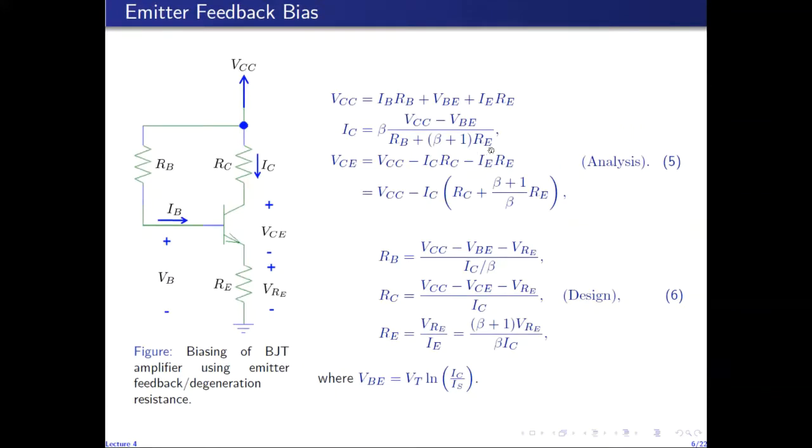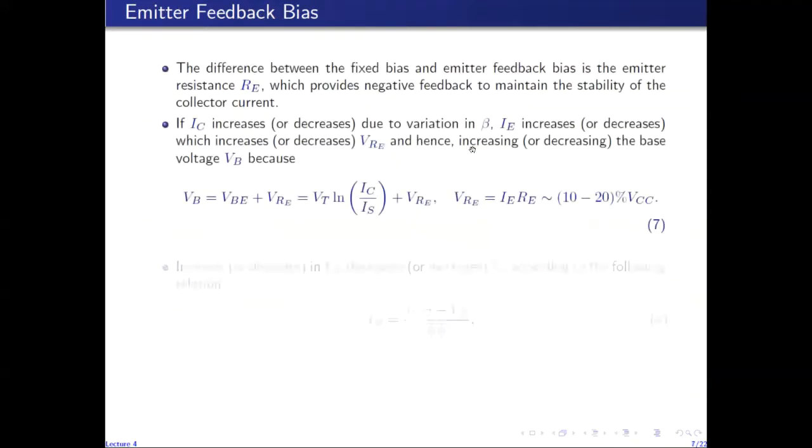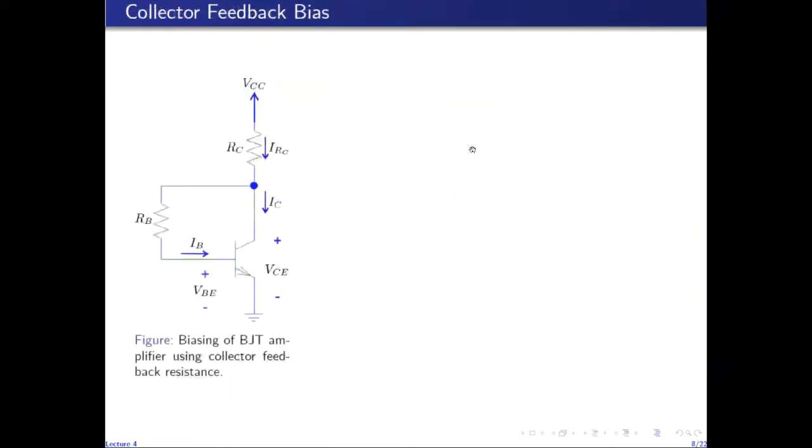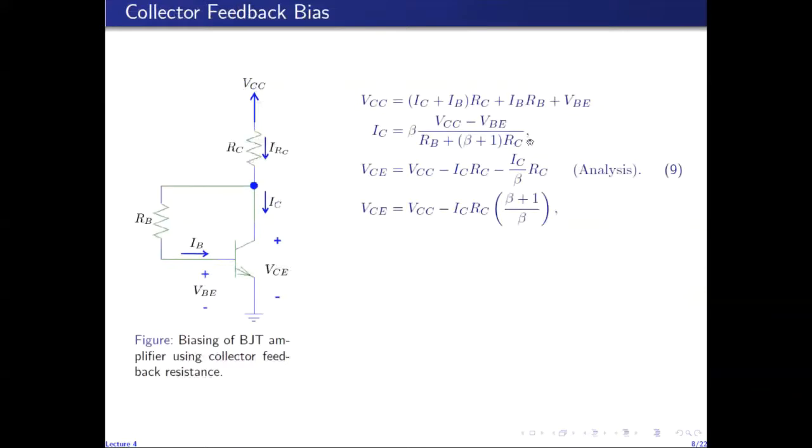So the approximation here of this denominator with beta plus 1 RE is a loose approximation, but the approximation of the denominator here with beta plus 1 RC is a better approximation, because not only is RB in this case smaller than before, RC is generally larger than RE. So beta plus 1 RC has larger magnitude in this case compared to RB, and then beta plus 1 RE compared to RB in case of emitter feedback bias.